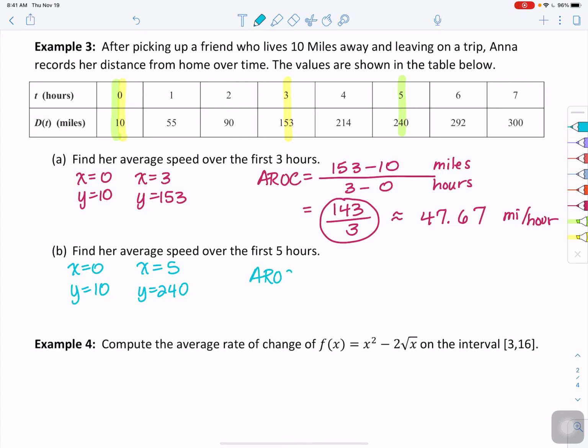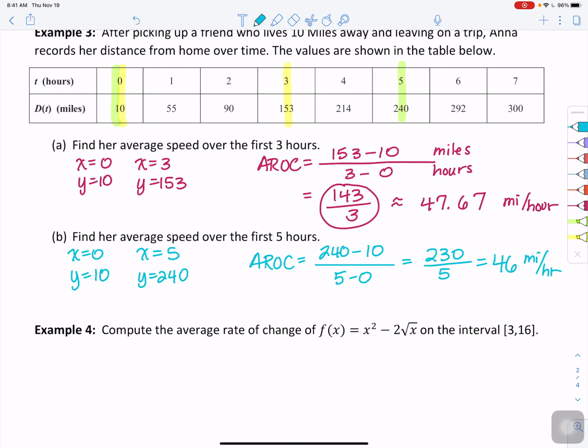So our average rate of change is 240 minus 10, that's the difference of those y values, divided by 5 minus 0. So we end up with 230 divided by 5, and we end up with 46 miles per hour. And if you're writing MPH, that's okay as well.